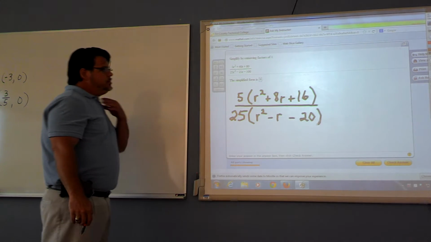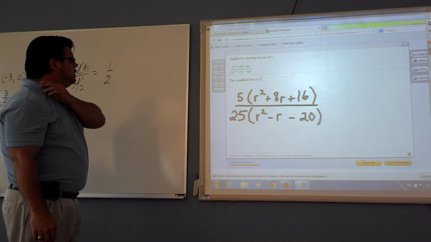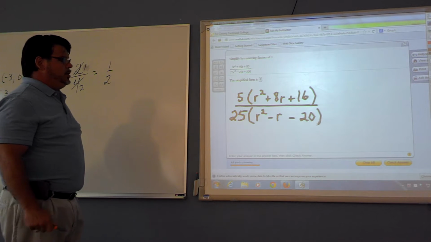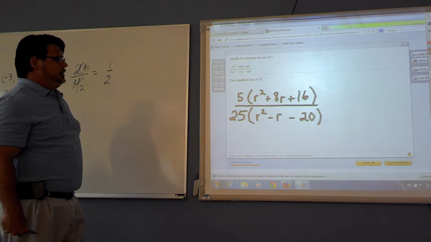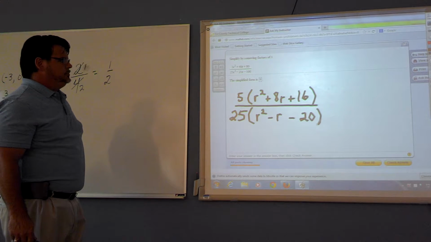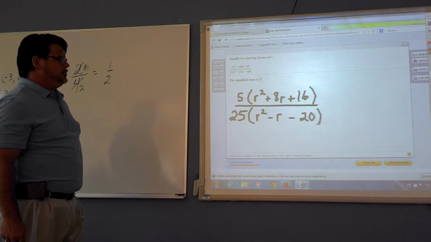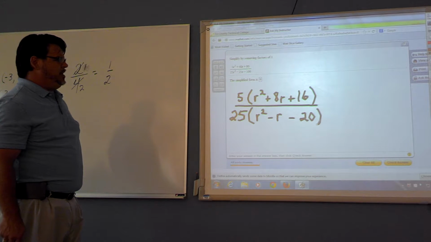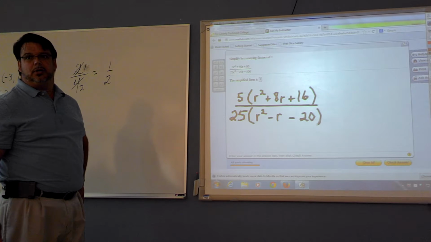Okay, you can use shortcut number two, one at the top. Because it's a trinomial, can't use a trinomial in shortcut number 3. And reverse FOIL, probably a -5 and a +4.